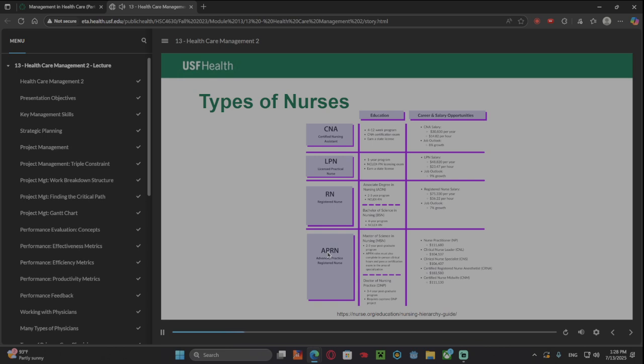They're typically paid less than other types of nurses, but it is often an entry-level type of nurse as they earn more credentials going forward. The LPN, or Licensed Practical Nurse, or Licensed Vocational Nurse, LVN, is a 1-year program, and they have an exam they have to take to earn licensure. They typically make a little bit more than CNAs, although not as much as registered nurses.